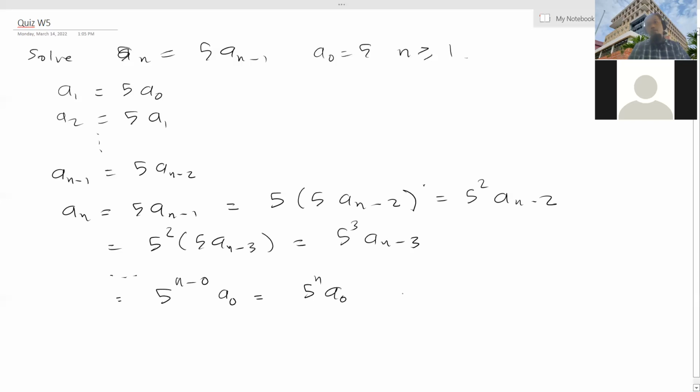In this case the solution is 5^n times 5, which is 5 to the power of n+1. So that's the solution for the first question.